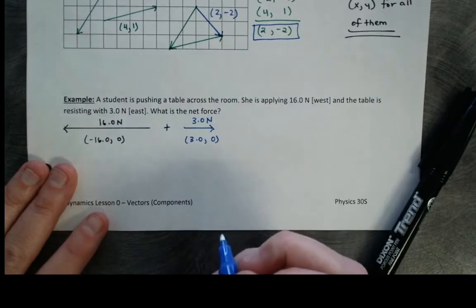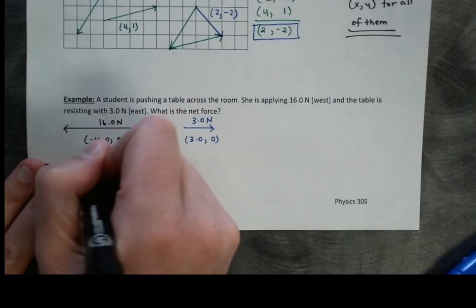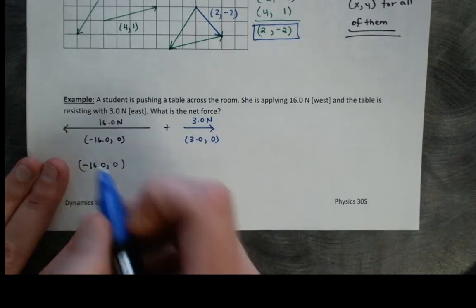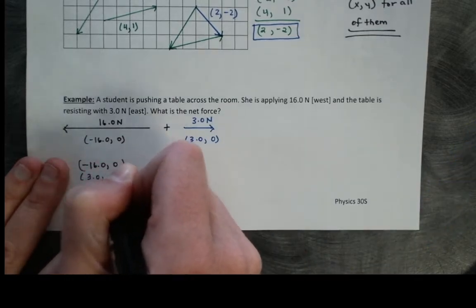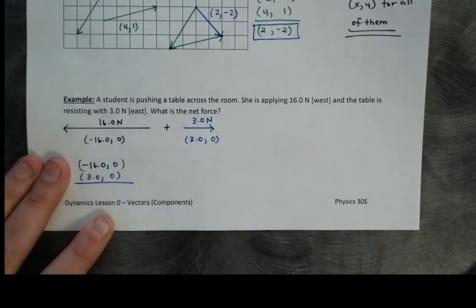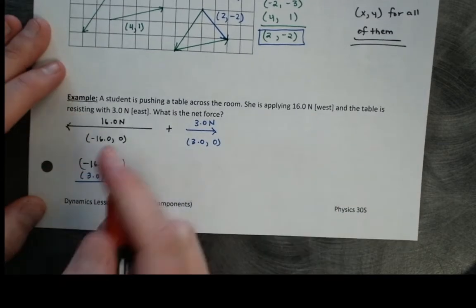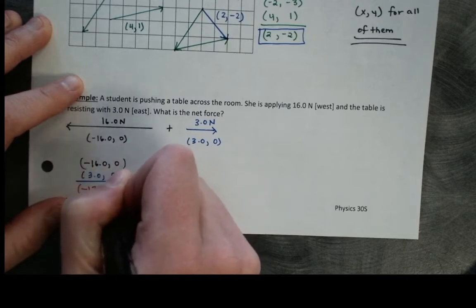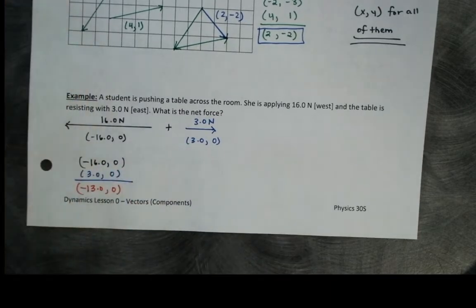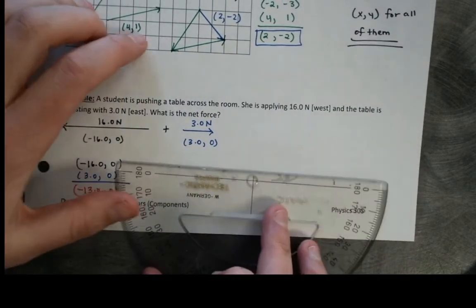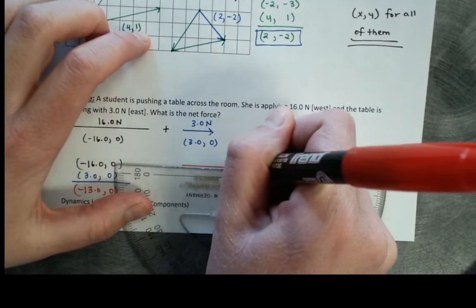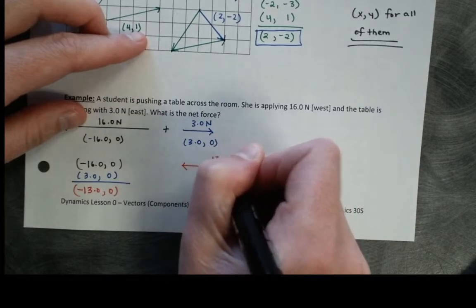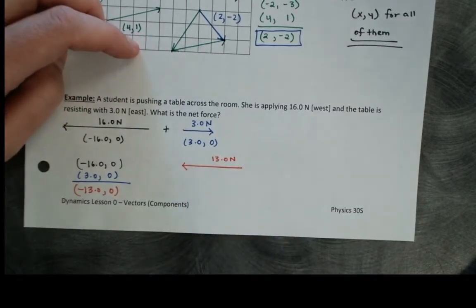If we add those together, negative 16, 0, and 3, 0, we get an answer of negative 16 plus 3 is negative 13, 0. So our resulting vector would be a little bit shorter than this, and it's 13 newtons. Okay?